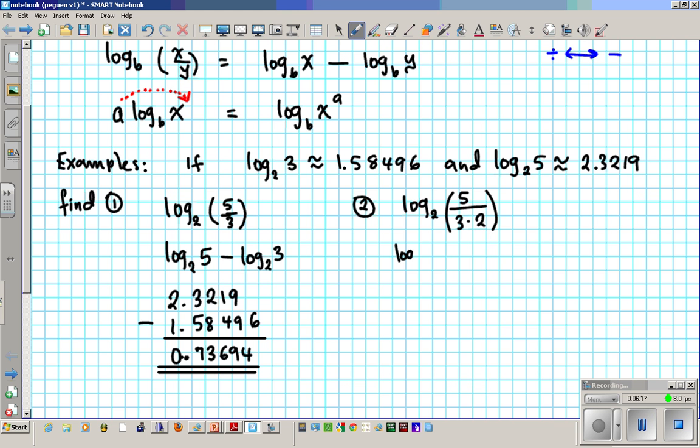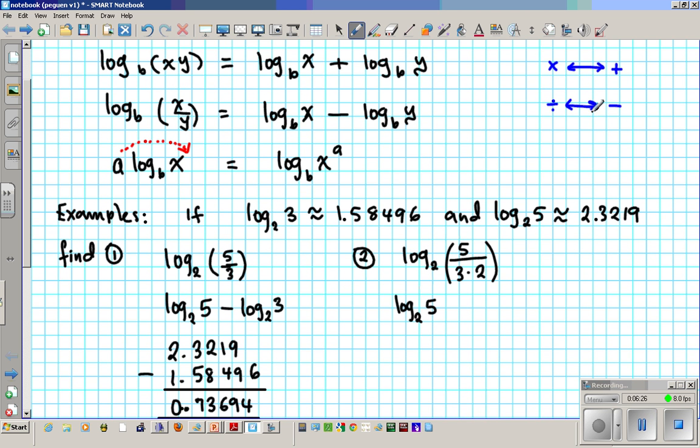Log base 2 of 5. Now, what is division in the log world? Division is subtraction, right? So we're going to be subtracting these two at the bottom. Log base 2 of 5 minus, in parentheses, log base 2 of 3 times 2. What is times in the log world? When you're multiplying numbers, it's the same thing as adding the logs.